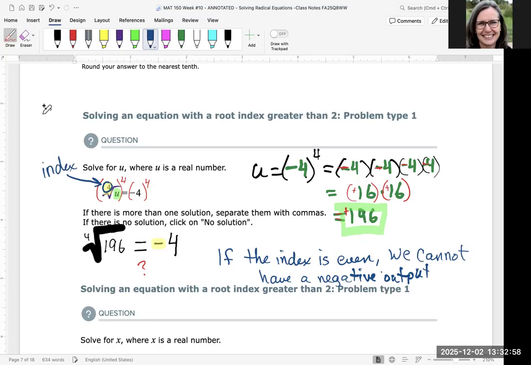It's whatever the n is in our radical. All right, so the answer to this problem is there is no solution. There is no number in the universe that if I take the 4th root, it will come out and be negative.